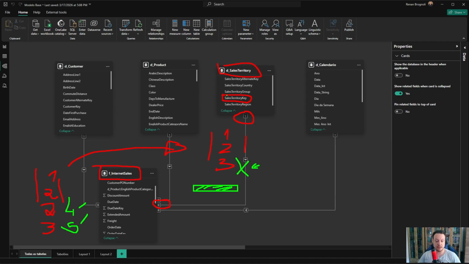So automatically in our dimensions, a blank row will be created, grouping everything that doesn't have a key matching the ones we got in our model. This is an unhealthy relationship.